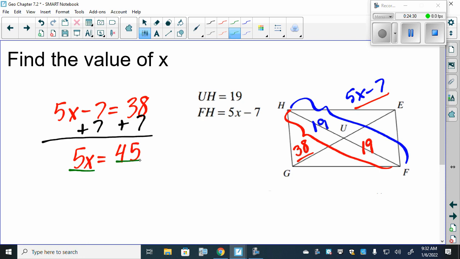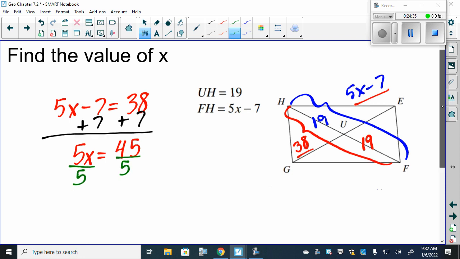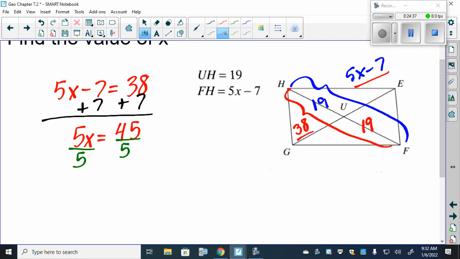Then we would divide by 5, which tells us x is equal to 9. That's it. Any questions on this here? Are you ready for the next one?